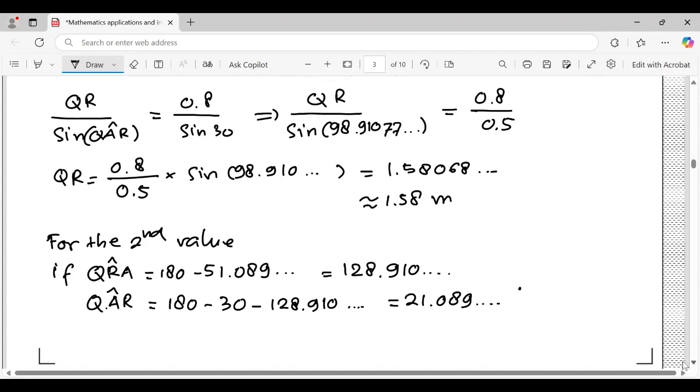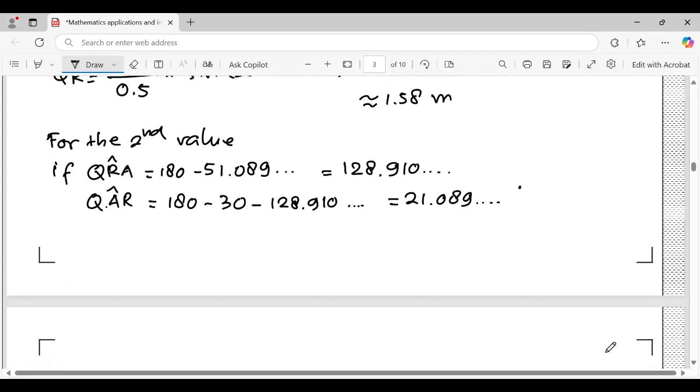Now we're going to determine QR through the sine rule. QR over sine QAR equals 0.8 over sine 30.